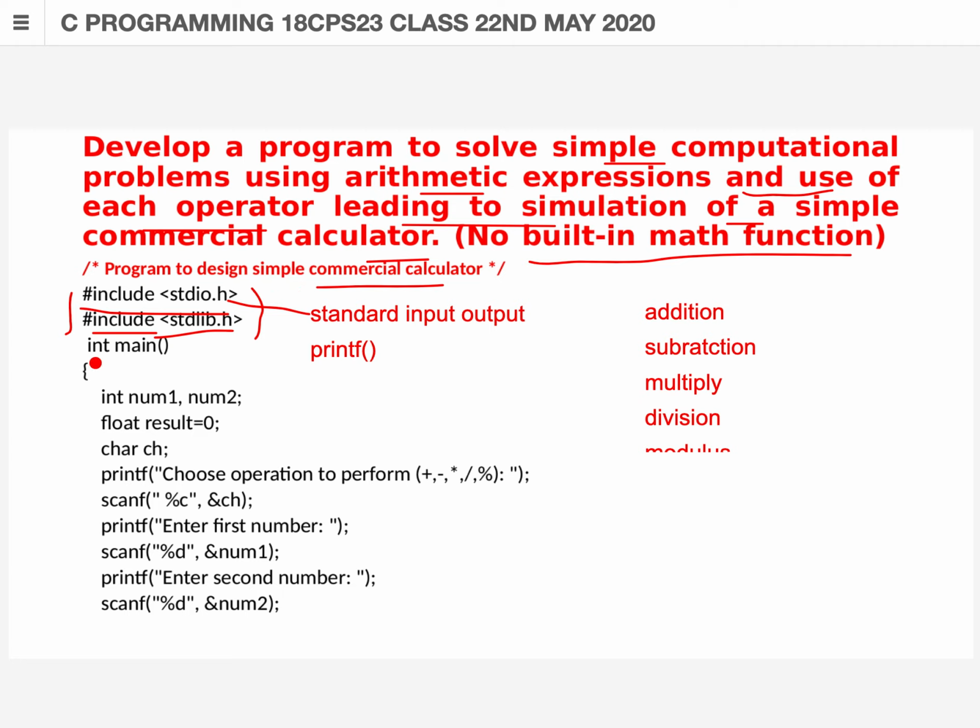So the actual C code starts from the #include directives, and the actual driver program starts from the main function. So this is the main, int main. In the declaration part, we declare integer num1, num2 and a float result.